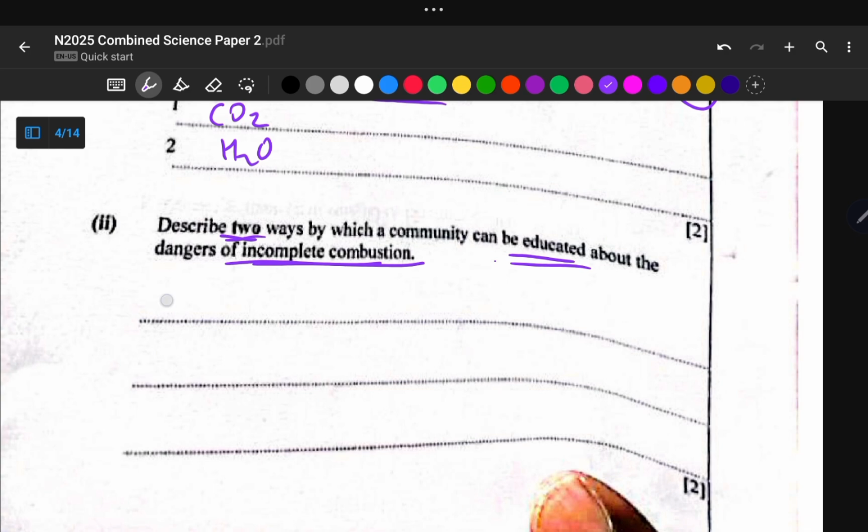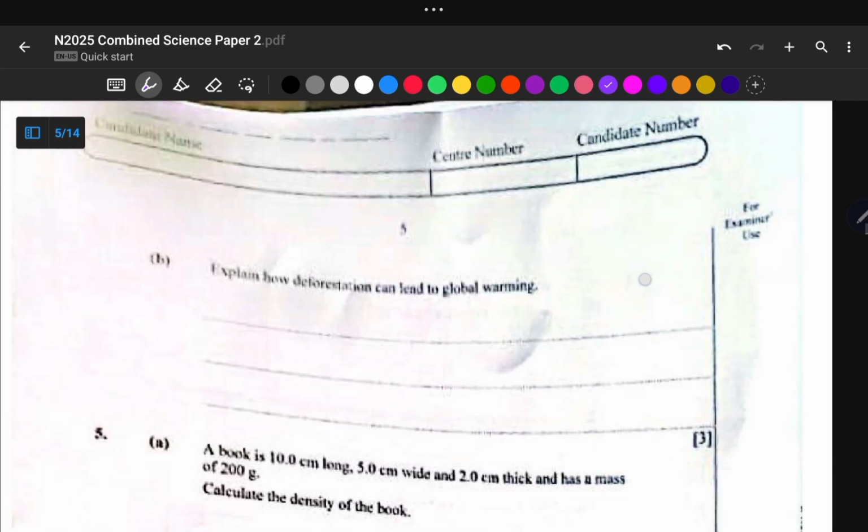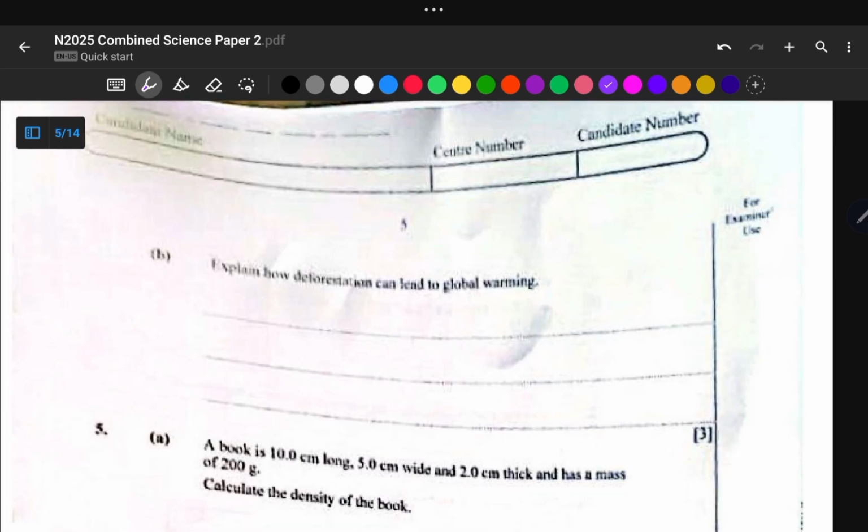And also you can educate the community on proper ventilation when using fuels. So we have public awareness campaigns, and lessons on proper ventilation when using fuels.